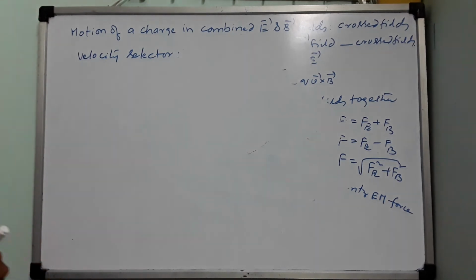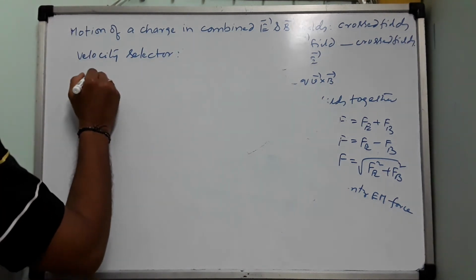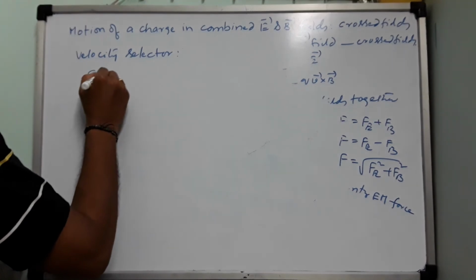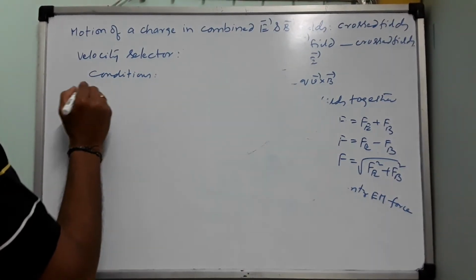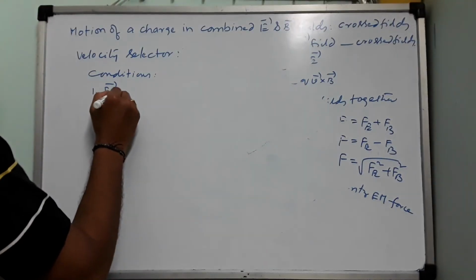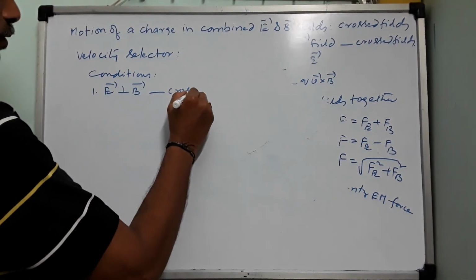Okay, right. Now, what are the conditions? Conditions for the velocity selector are: number 1, the electric field must be perpendicular to the magnetic field. Then only you call it what? Crossed fields.